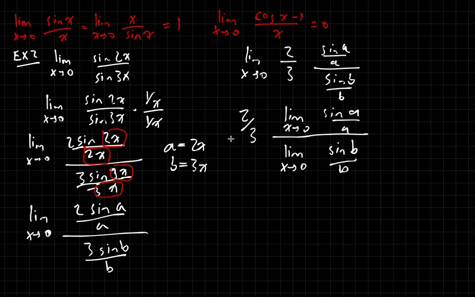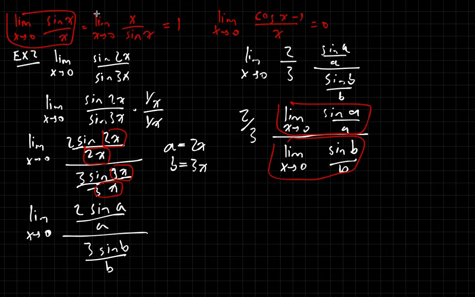After all this rewriting, what do we notice? This is a formula and this is a formula. They both satisfy this right here, and that equals 1. So what we have is 2/3 times 1, which is 2/3.